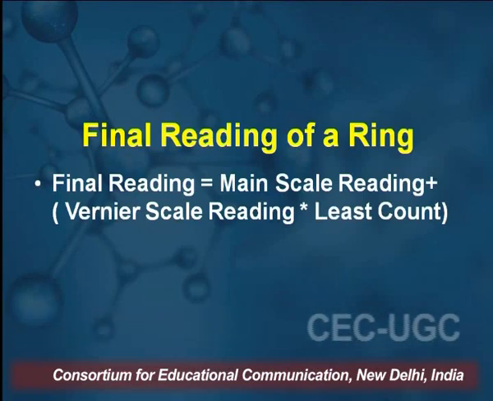In this manner we can calculate the reading, and it gradually increases. We put the crosswire of the telescope at the first ring, then at the second ring, then on another ring, and in this manner we calculate the value from the left hand side, and similarly on the right hand side.